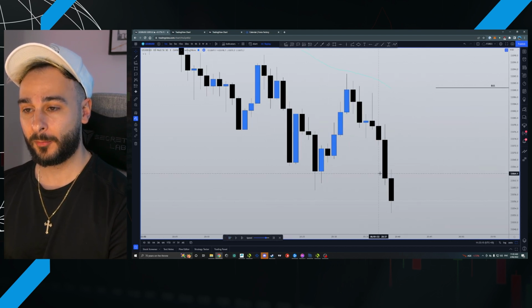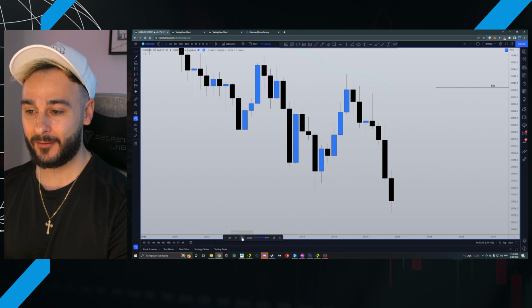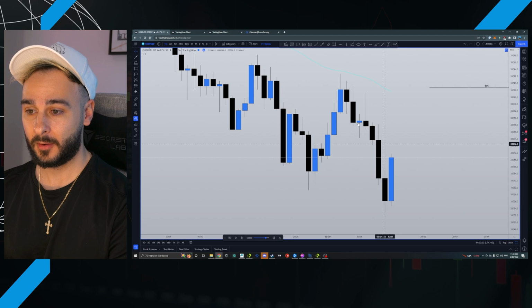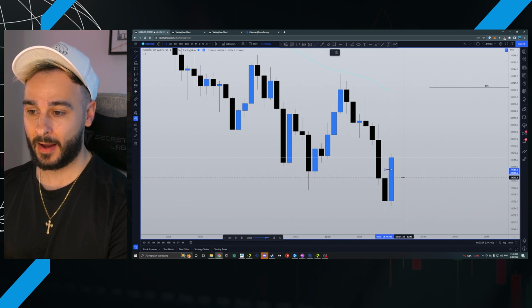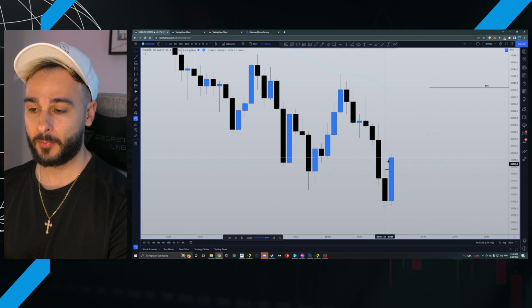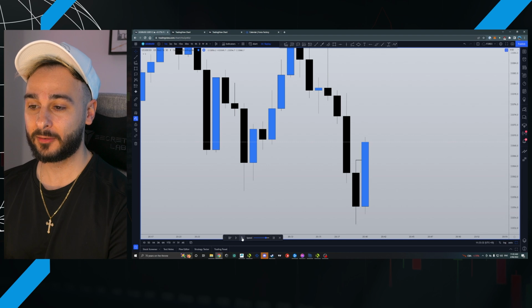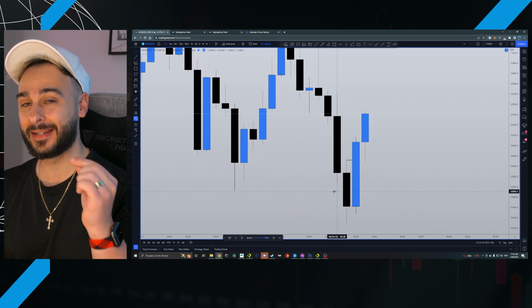We don't know it's a pullback until we have a higher high candle closing above this candle high, followed by another higher high. So two high candles in a pullback going in a downtrend.